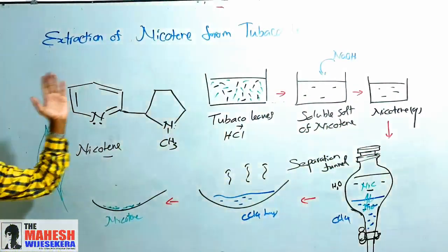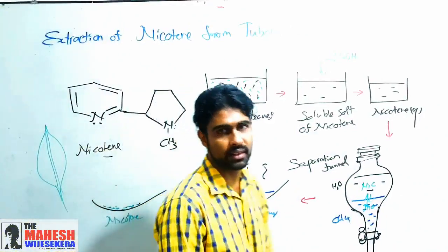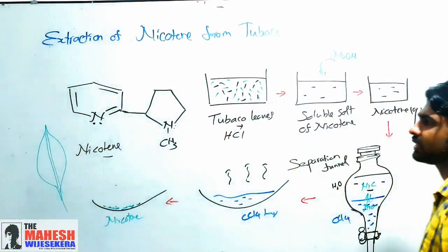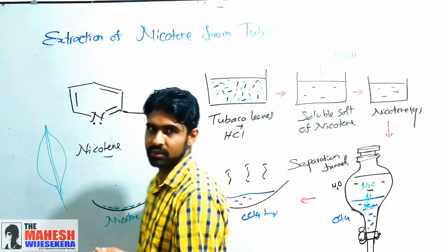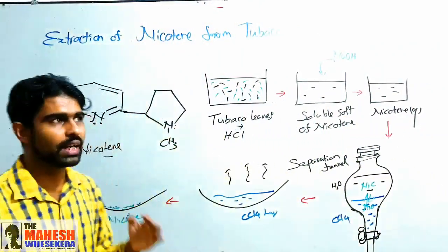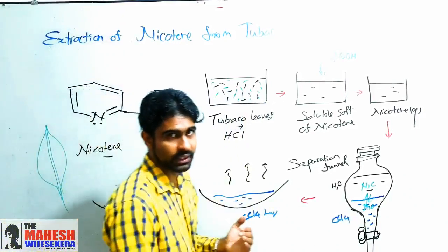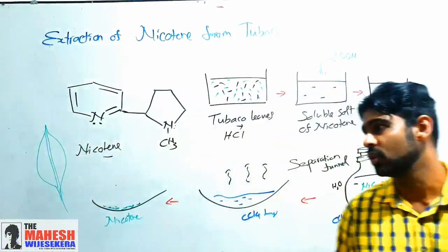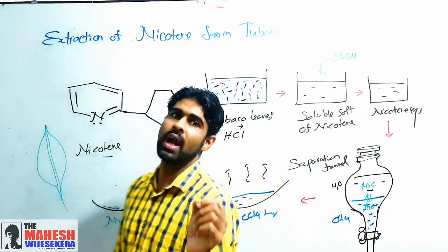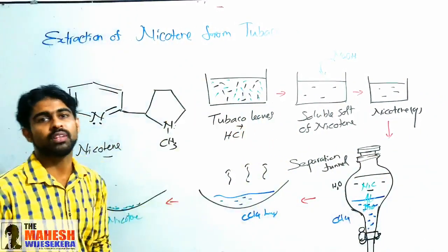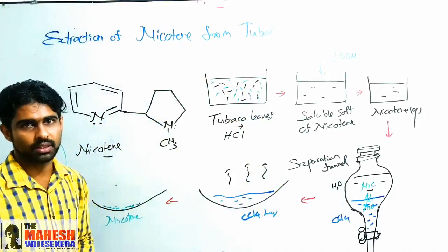You can use a similar procedure and extract. Those drugs are really expensive, illegal stuff. Why are they so expensive? Because to get a very little quantity, you need a very large amount of plant material.